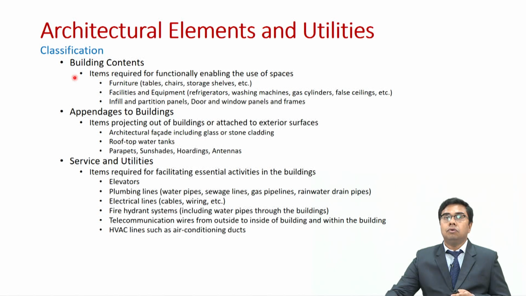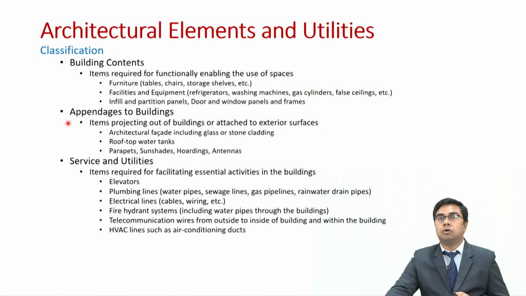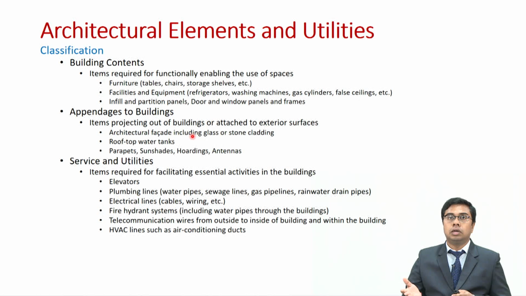Okay, now let us look into the second category of architectural elements and utilities, or the non-structural components, which is called appendages to buildings. These comprise items projecting out of the building or attached to the exterior surface. What are the typical examples? We can have architectural facade, which can be in glass or stone cladding.